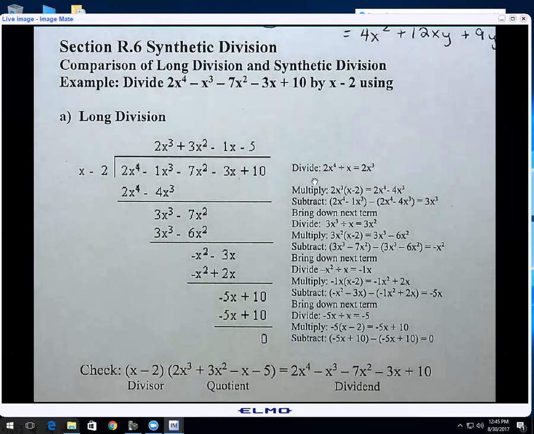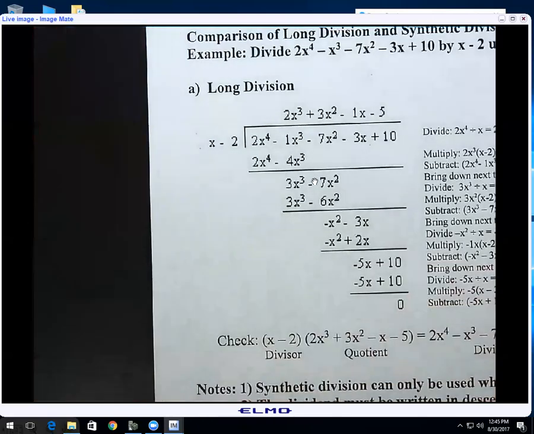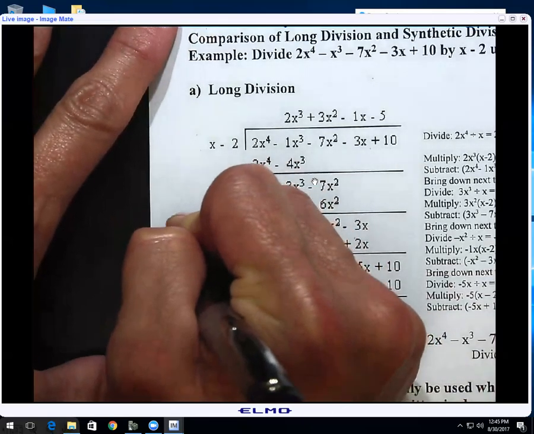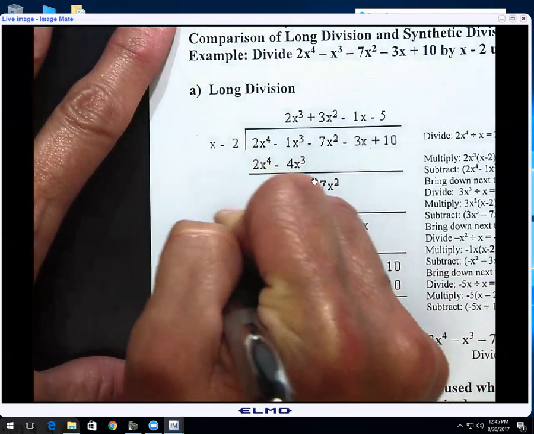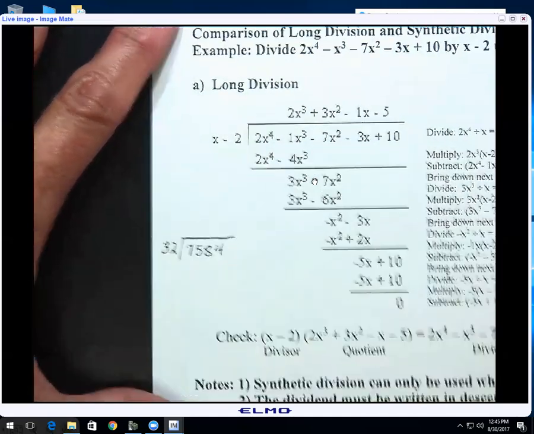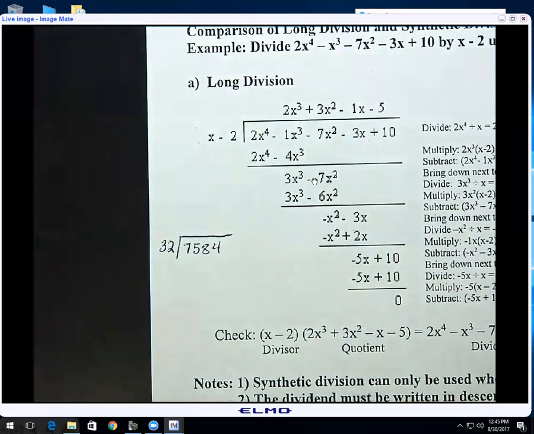Long division takes practice, but I do want you to understand that it's the very same steps that you use in, I don't remember what grade you learned long division, 5th grade or so, when you divide, and we're not going to do this whole problem, but when you divide 32 into, let's say, 7,584, you learn a process of you divide 32 into 758.